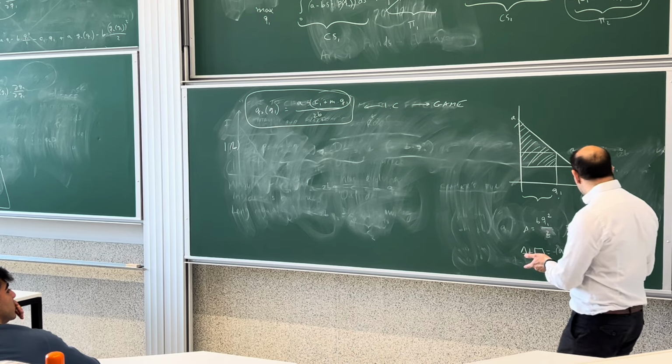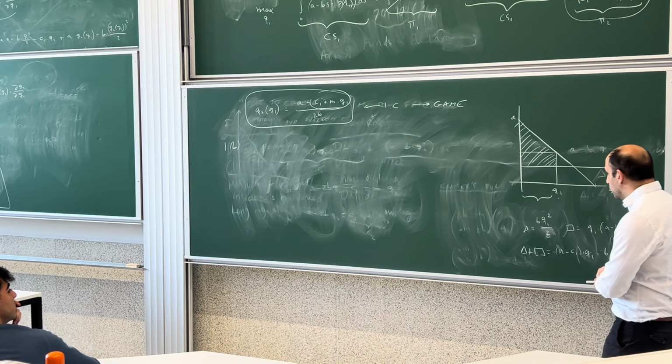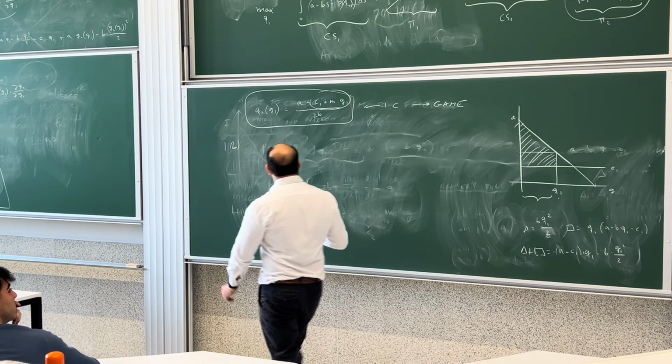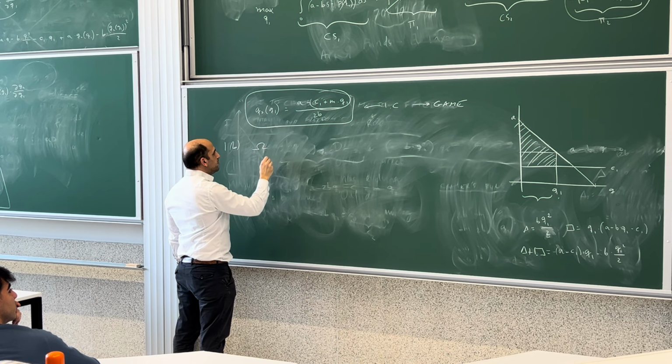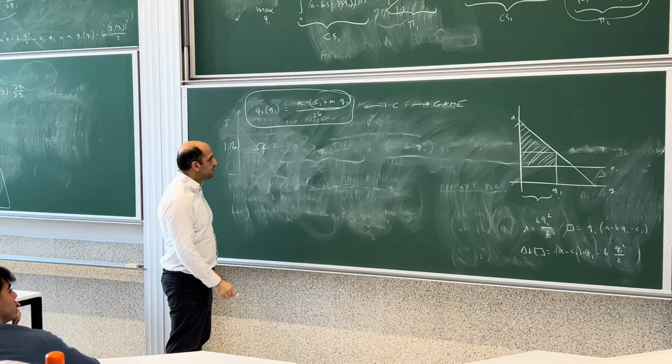And then the second period is the same, but with Q2. Okay? So then the objective function is going to be, let's call it welfare.